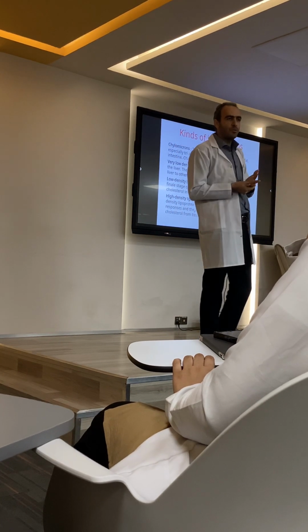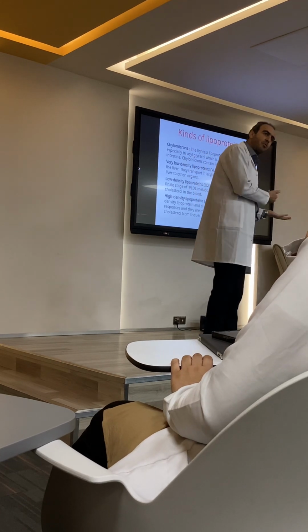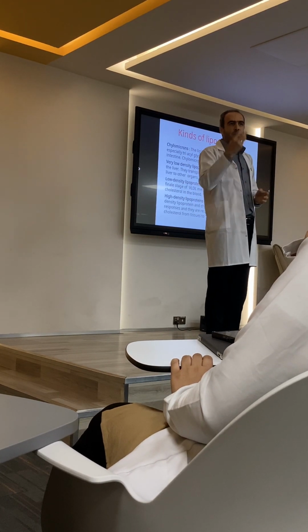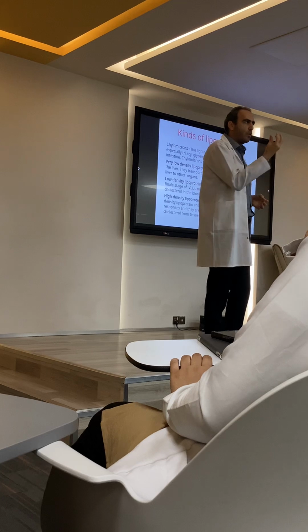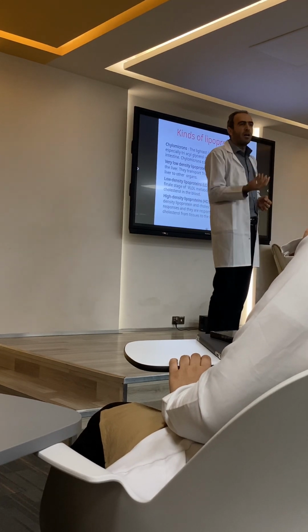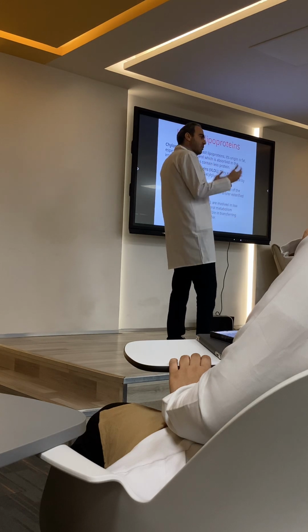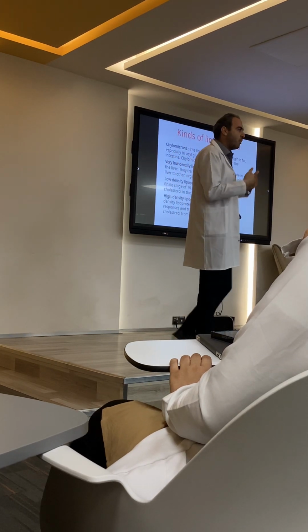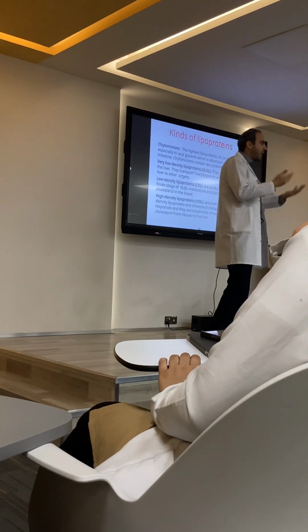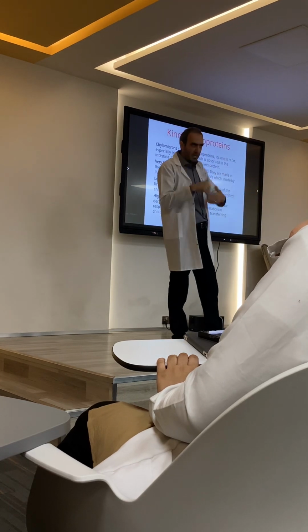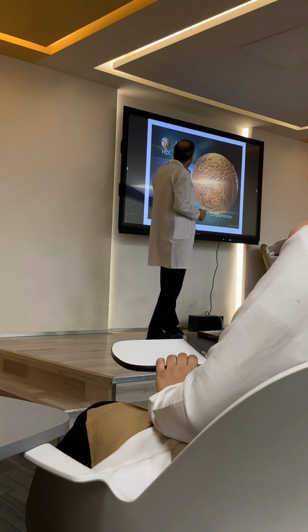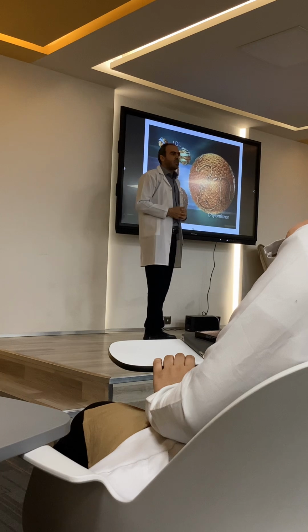We convert cholesterol to bile, and then we excrete cholesterol in the form of bile. So the excretion form of cholesterol in our body is bile salt and bile acid. And as you know, just 25% of bile will be excreted in the feces, and 75% will be absorbed back to the liver.